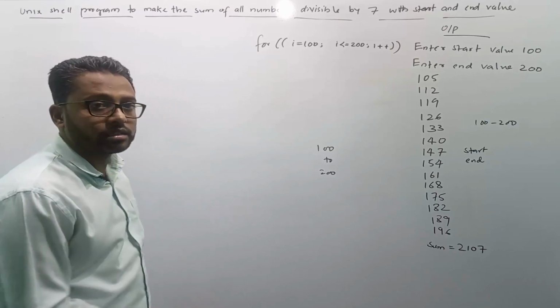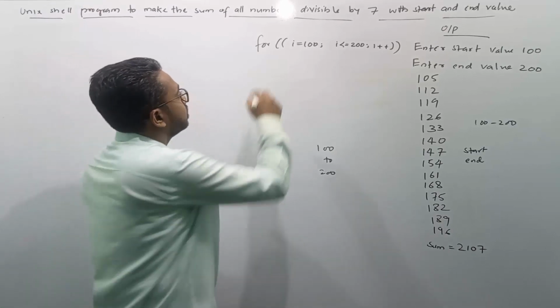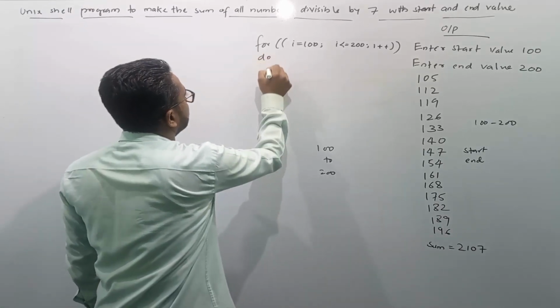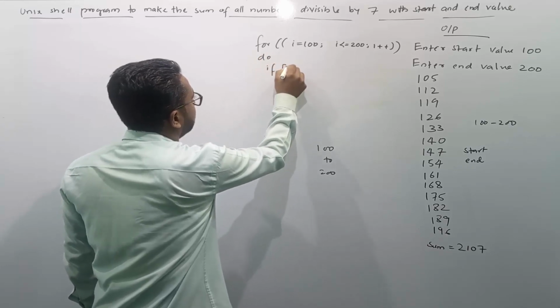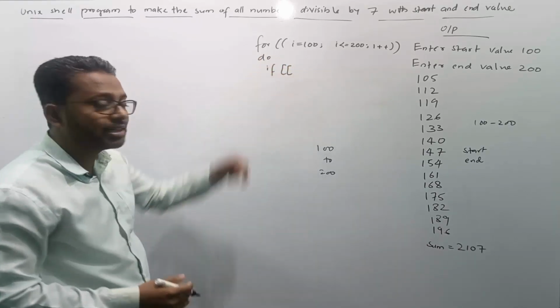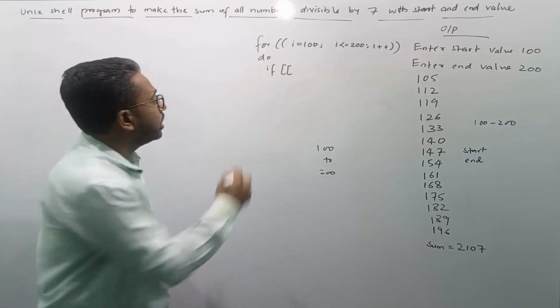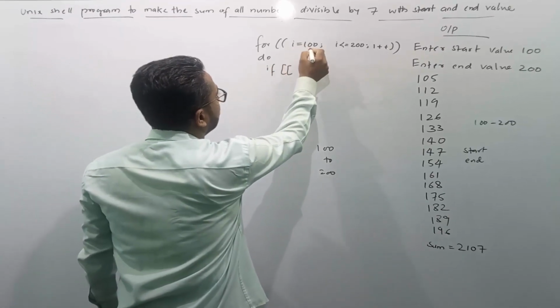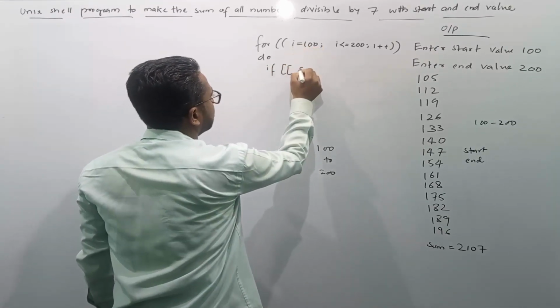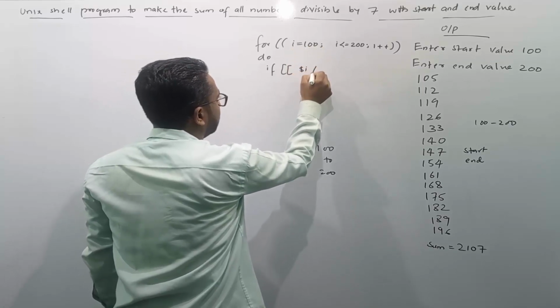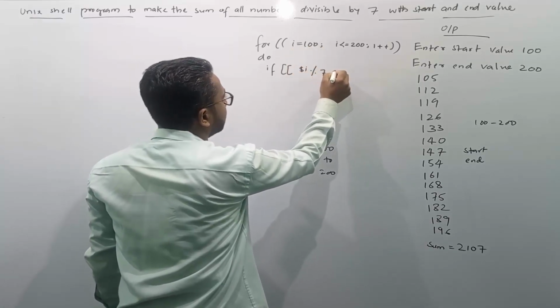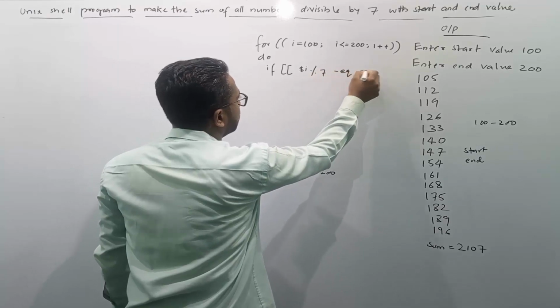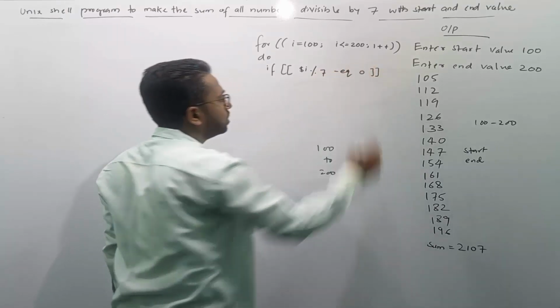Next we need to check, do if. We need to check whether 100 gets divisible by 7. 100 gets stored inside i, so I will use i mod 7 is equal to 0.